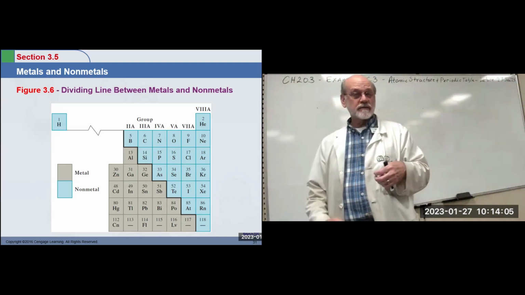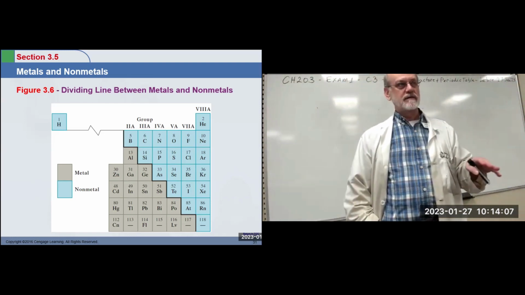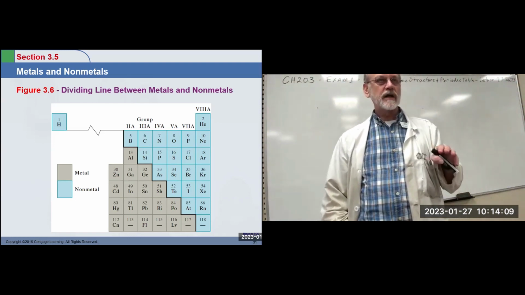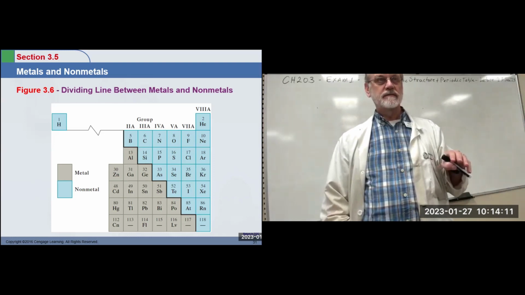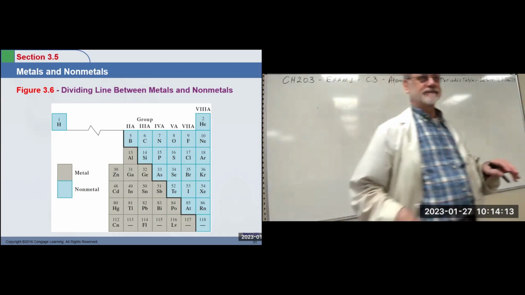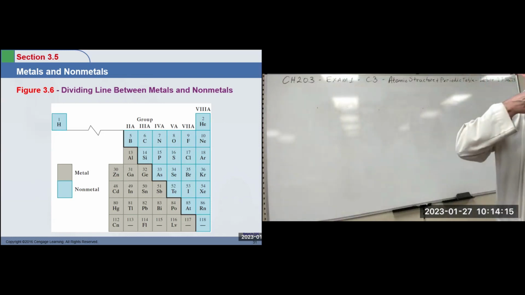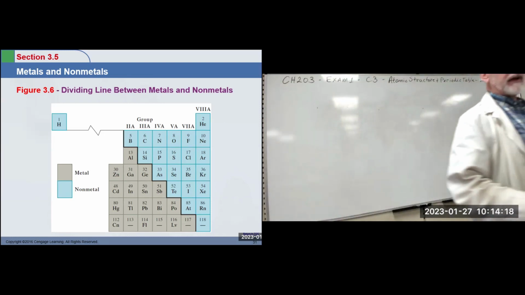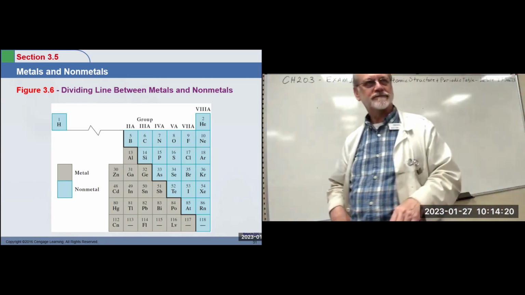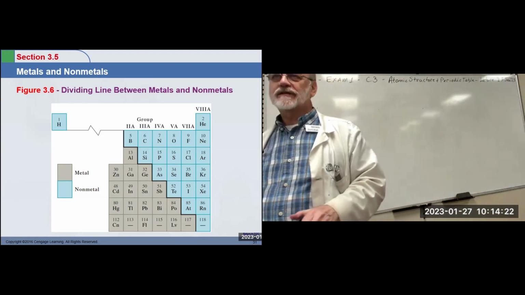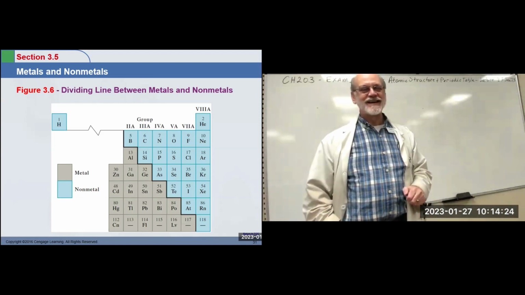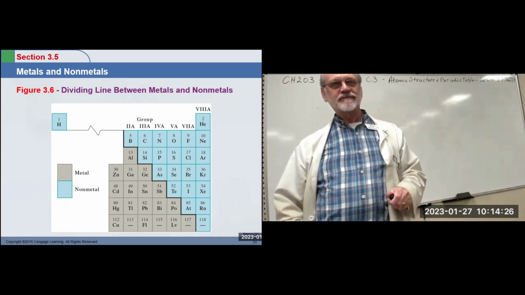And we use one of them as the foundation of our electronics industry. Any ideas which one? We named a valley after it in California. Silicon Valley, right? It's where all the high-tech companies are.